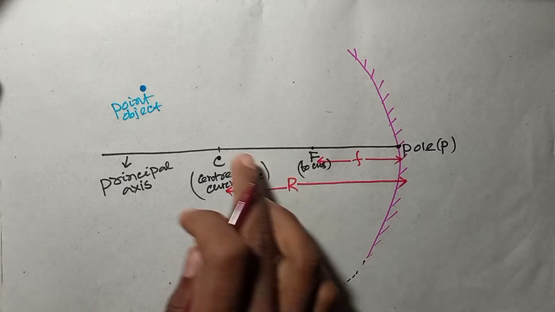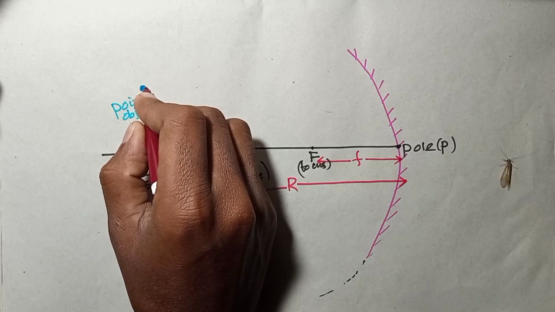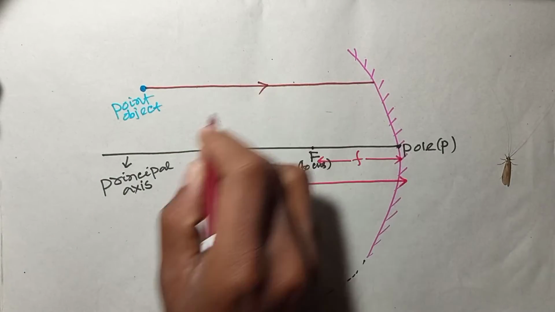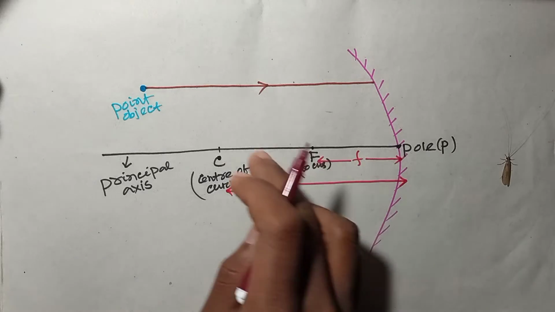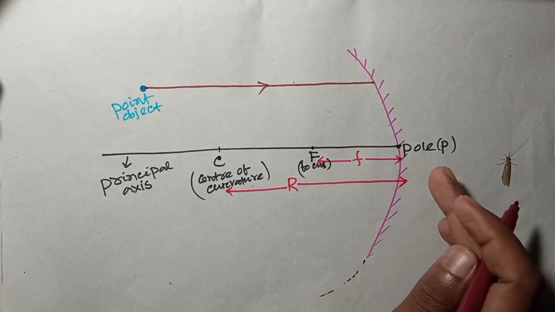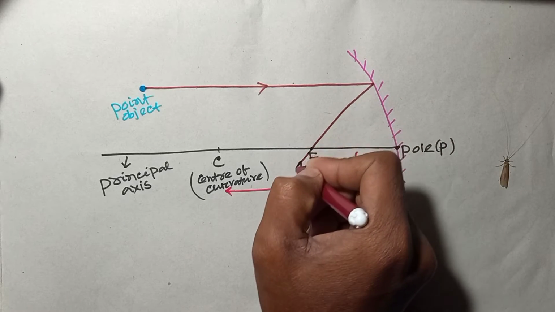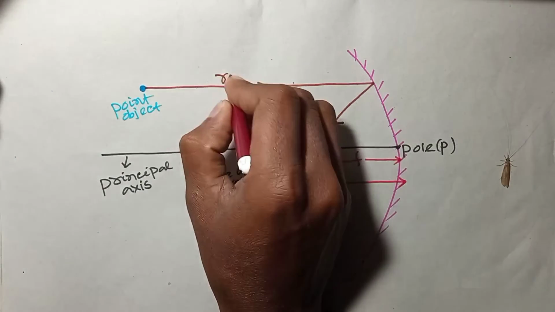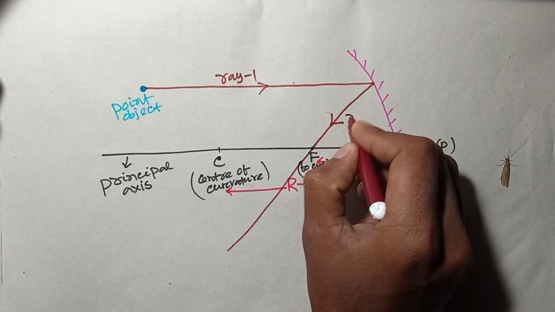reflected rays. Okay, so let's say a ray of light started from this point object and moves parallel to the principal axis, and as we know, a ray of light parallel to the principal axis after reflection passes through the focus. Okay, so this will be your ray number 1, so it will be reflected ray number 1.